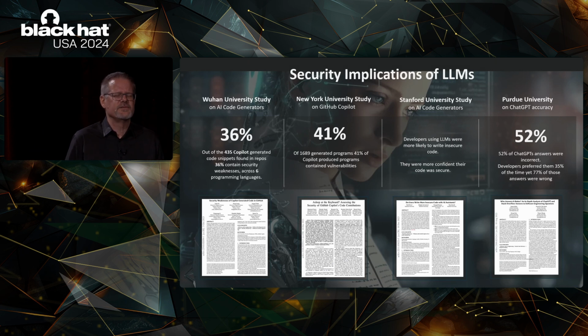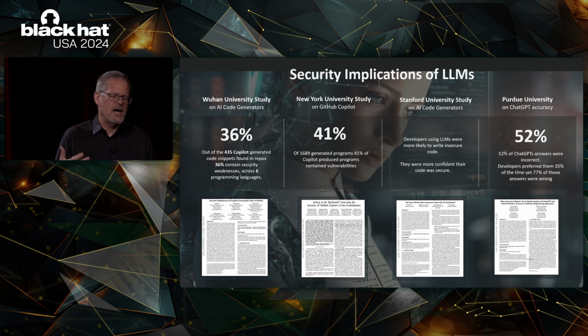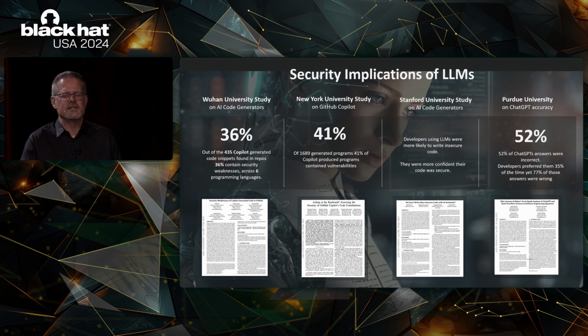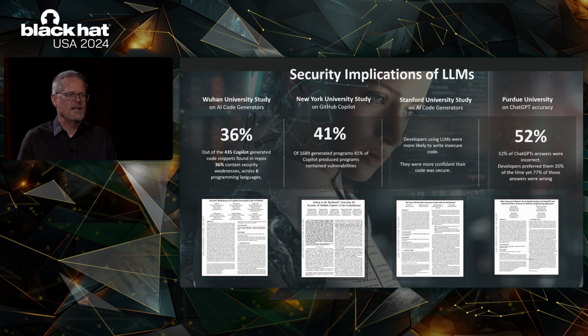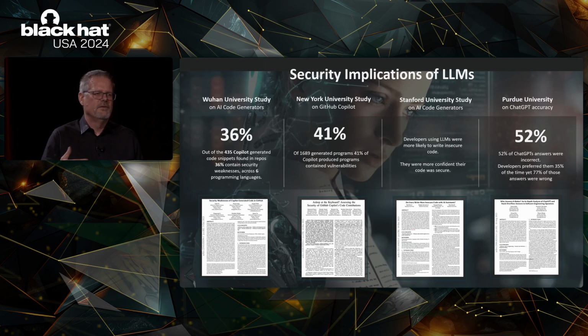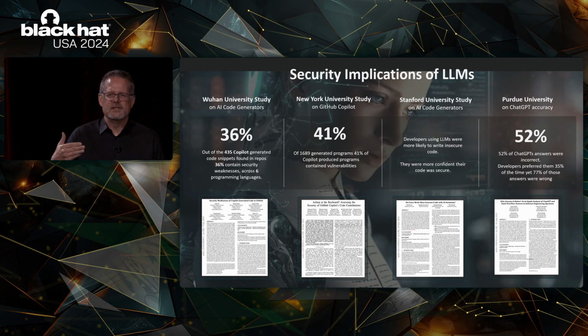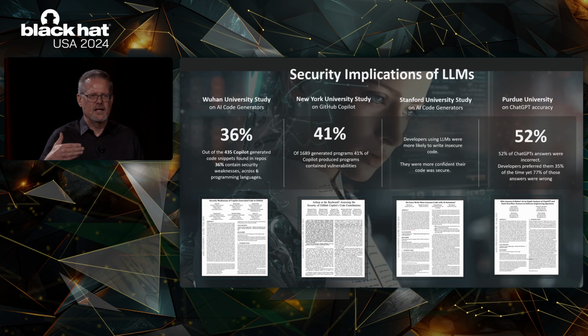So the first study was from Wuhan University. And they found that 36% of the code snippets that were generated by Copilot had a vulnerability in them. And the way that they did this was they searched open source repos for code that had comments in the code that explained that this code came from Copilot.